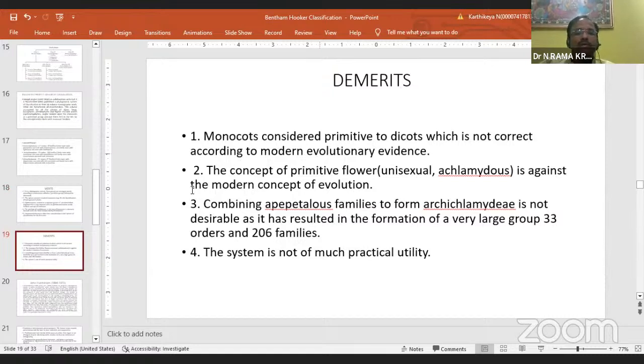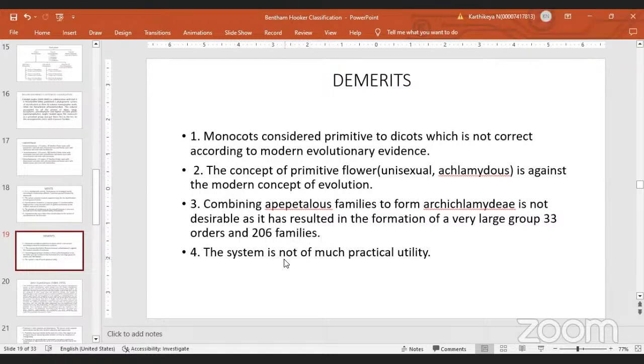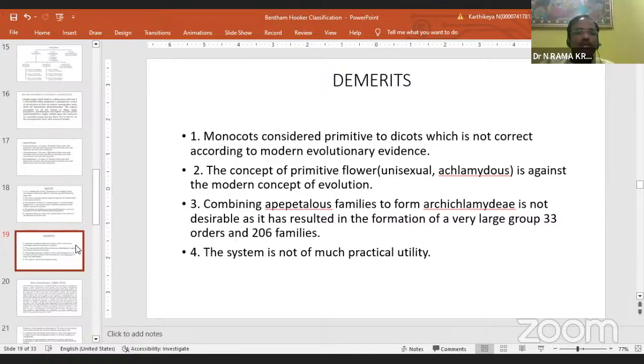Archichlamydeae is not desirable as it has resulted in the formation of a very large group of 33 orders and 206 families. The system is not of much utility. So these are its demerits.